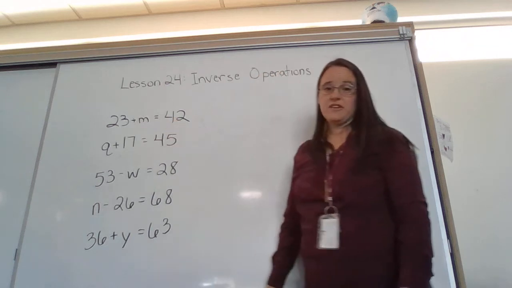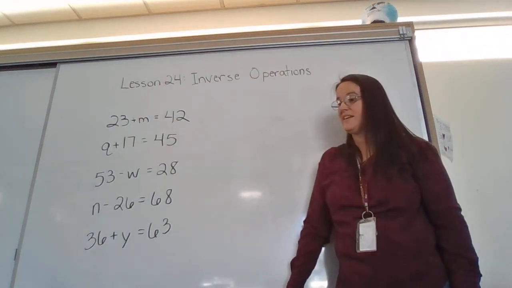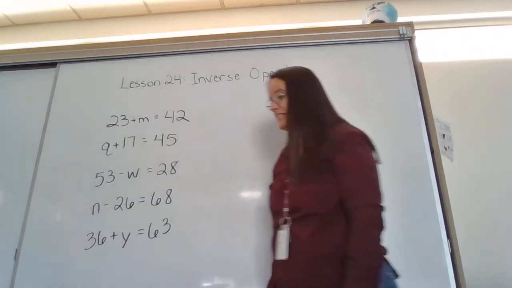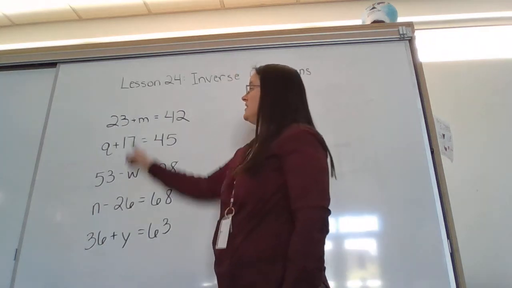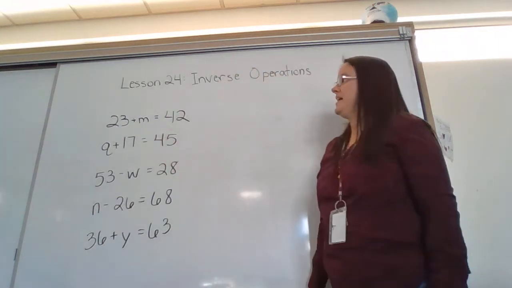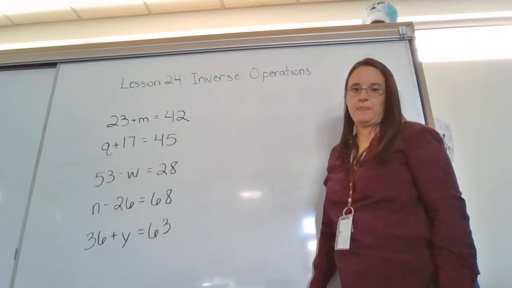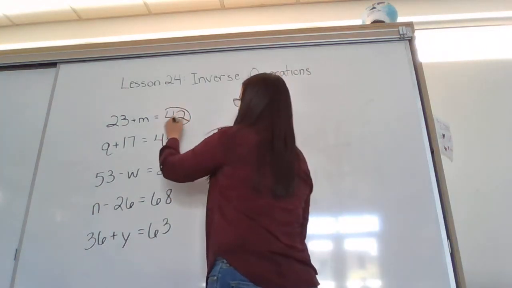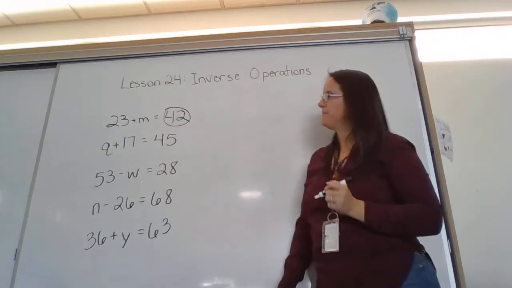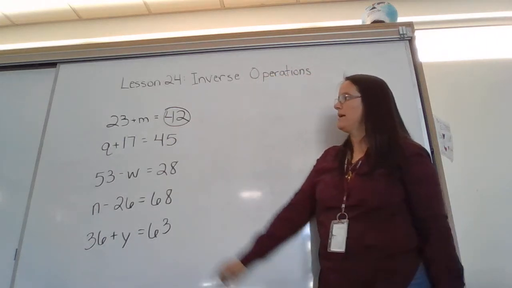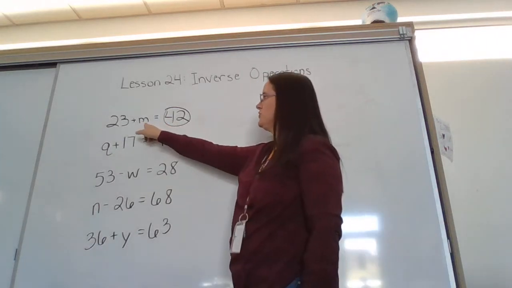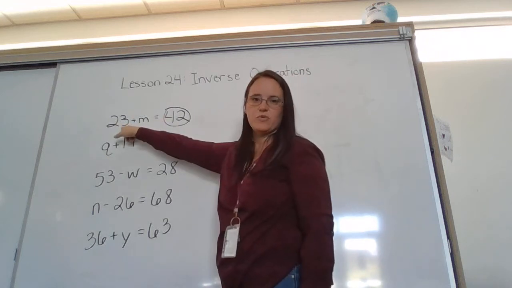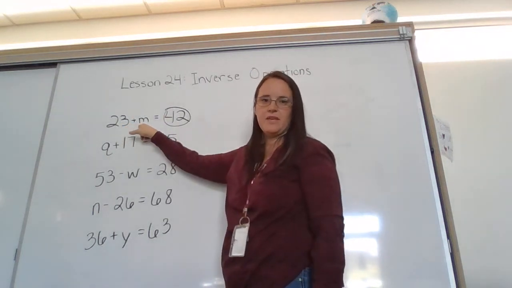And all we're doing here is solving. They did not tell us to write all the fact families, just to solve. That's an addition problem. So where's my biggest number? Right here. That's my big number. So am I going to want to do 42 plus 23 to get M?